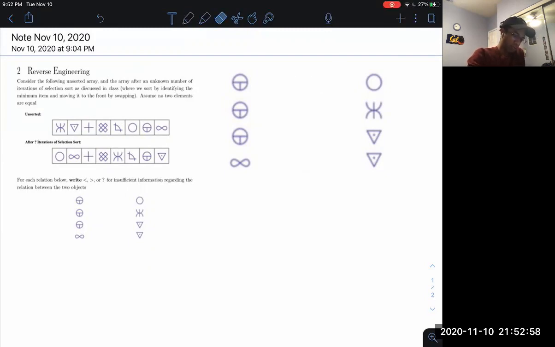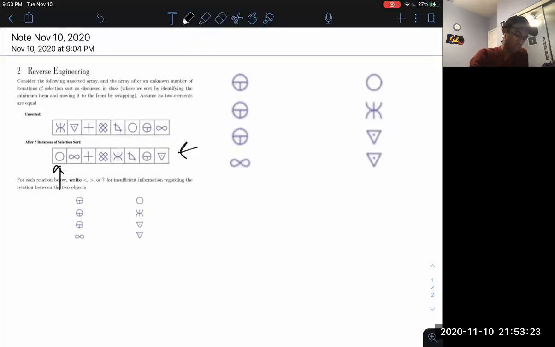So let's take a look at our input list and compare it to some point after i iterations of selection sort. We see that the circle is the very first element after i iterations of selection sort. Since there's been at least 1 iteration and the circle is the very first element, we know that it has to be the smallest in the entire list.